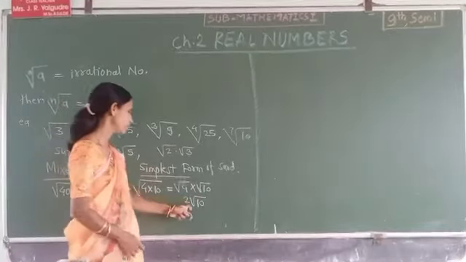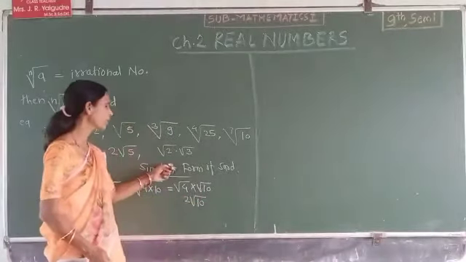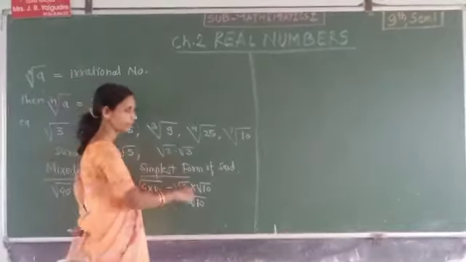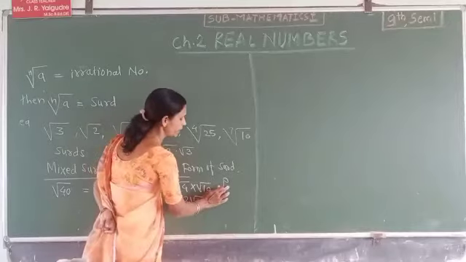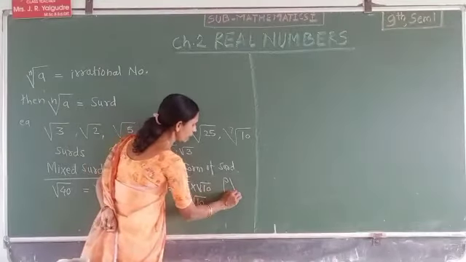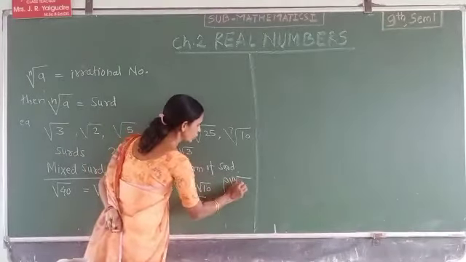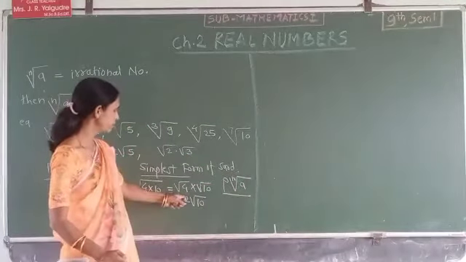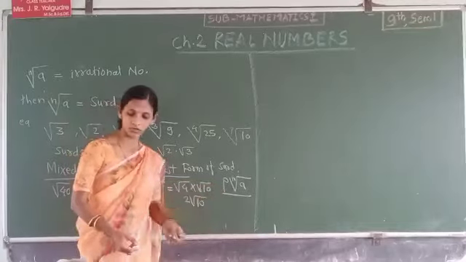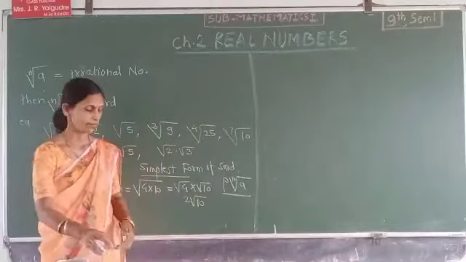Then 2 root 10 is the simplest form of surd, and the generalization of the simplest form of surd can be written in the form of p nth root of a.